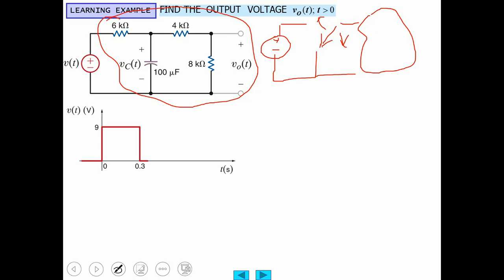So the way we analyze it is we consider time less than 0. Steady state is when there's no current through the capacitor or no voltage across an inductor. We can treat capacitors as opens, inductors as shorts in steady state. Steady state, nothing's changing. Everything is settled down.